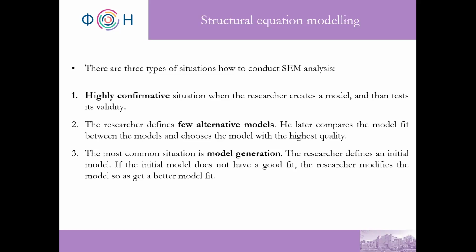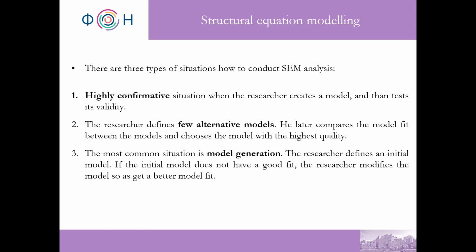The second approach then is to have a few alternative models. This is also an approach happening in practice. Based on your literature review, you generate several different SEM models. Then you collect your data and you test the fit of each of your models to your data.